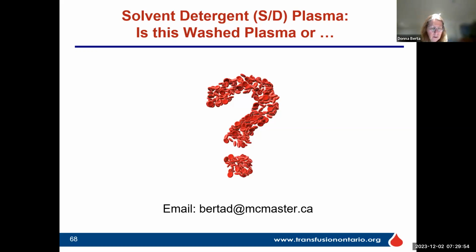Another question: in the event that a patient requires all three, plasma, platelets, and packed red blood cells, is there a specific order to administer as per best practice? That would really depend on the patient's clinical scenario, and you'd want to seek some guidance from the prescriber in terms of what's most critical in the particular patient scenario.